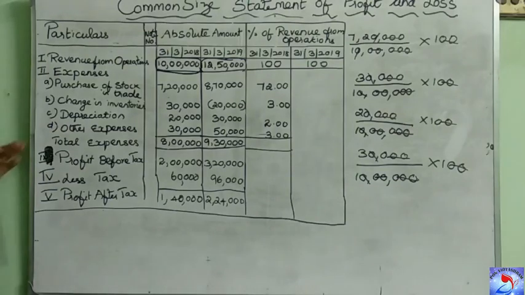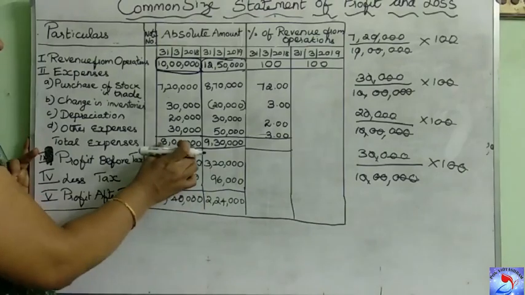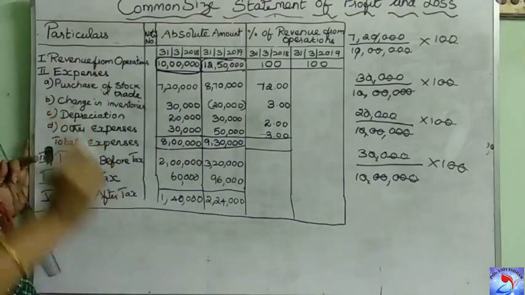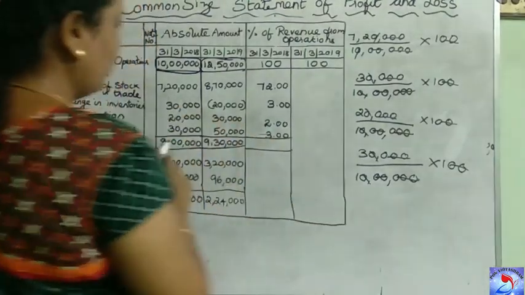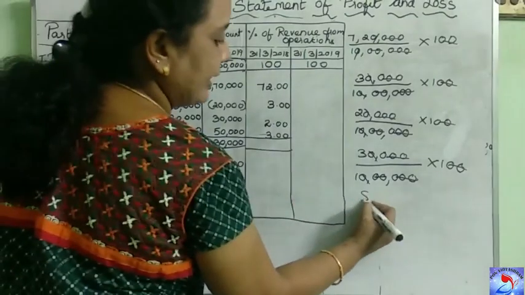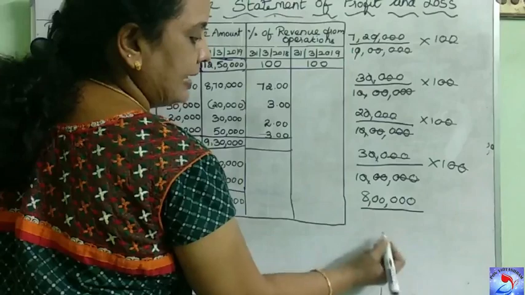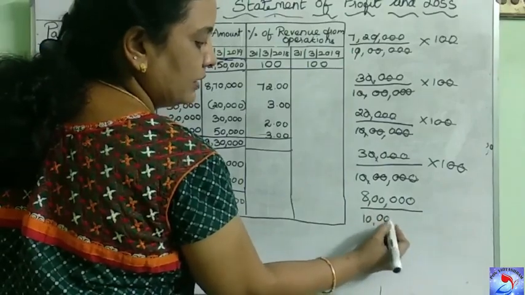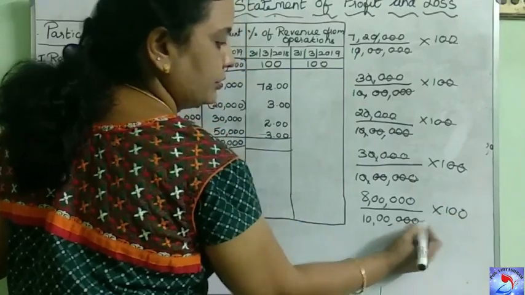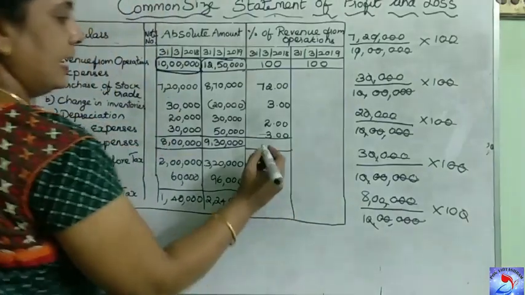No. As I have said already, whenever you do the sum with a formula, you have to take the given amount and divide it by the base to find the percentage. The total expenses amount given is 8 lakh. So 8 lakh divided by the base 10 lakh into 100 gives 80.